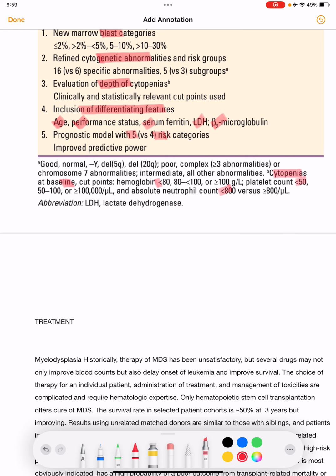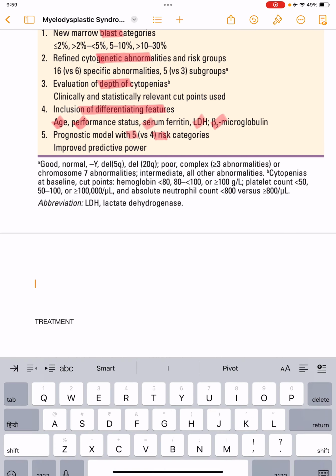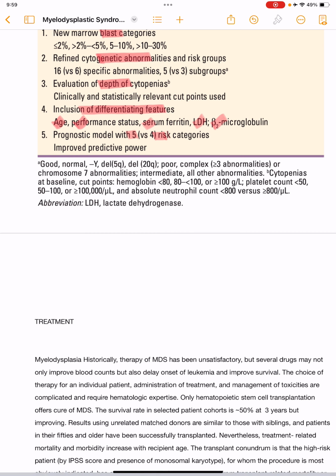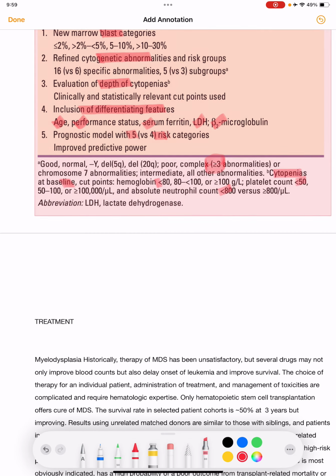Good means normal, deletion 5q, or deletion 20q. Intermediate means all other abnormalities. Poor means complex, greater than or equal to 3 abnormalities, or chromosome 7 abnormalities, so it is categorized under poor.